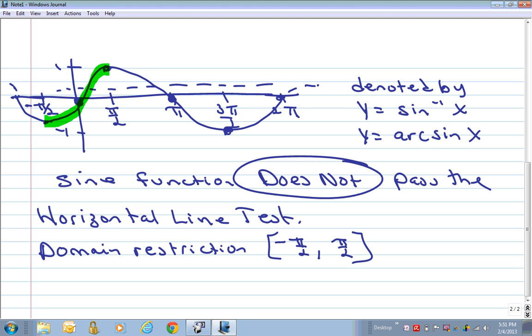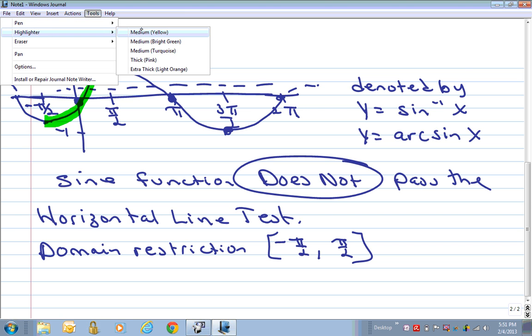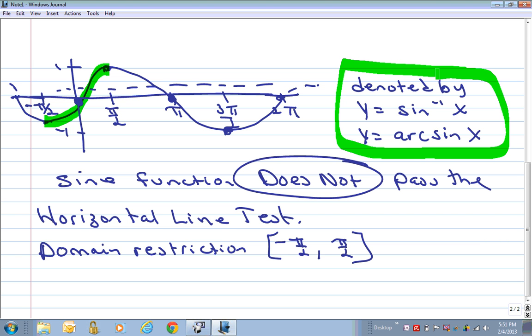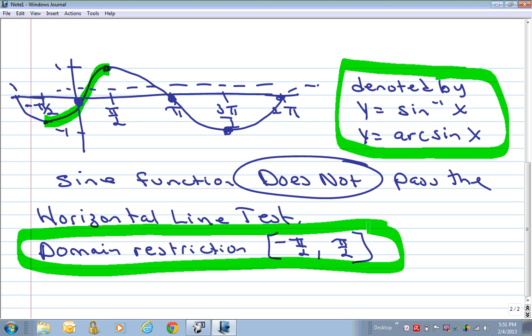Arc sine means the same as inverse sine. So both of these are important. While you're writing these down, I'm going to highlight these just to make sure that we realize how important that is. So that box is important, and our domain restriction is extremely important as well. Okay, let's move on.